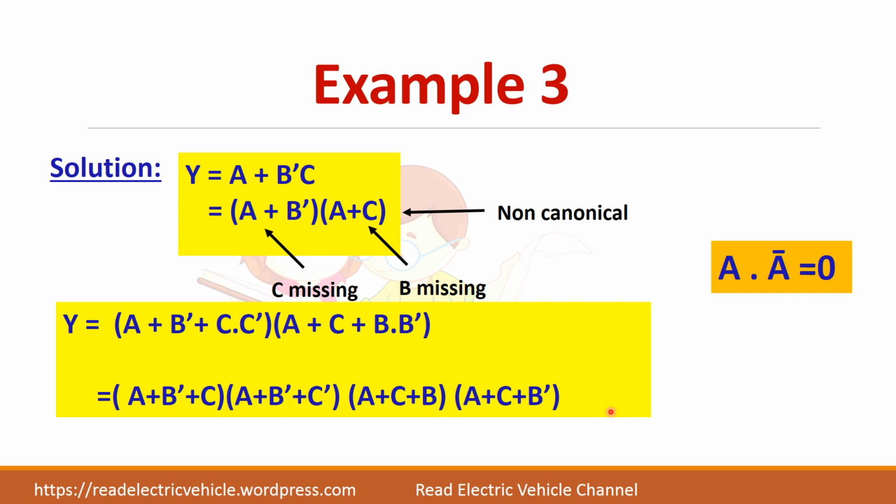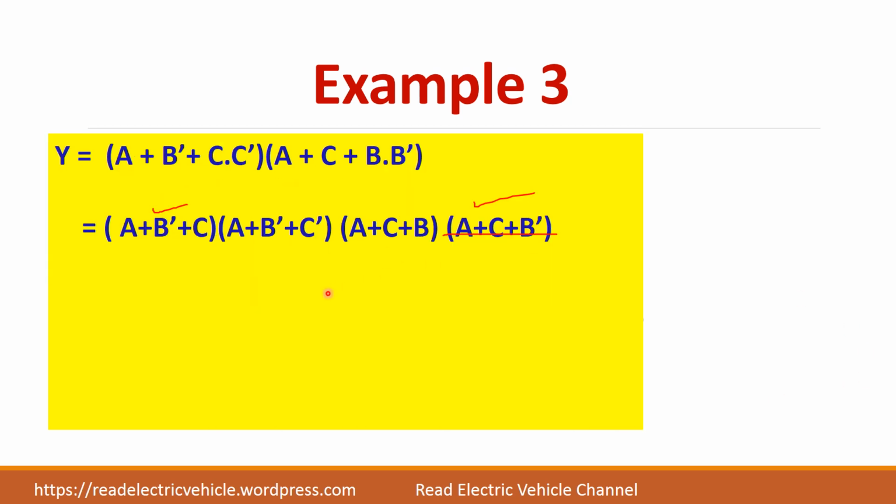Now let us find the numbers for this. Again you can see here A plus B dash plus C, and the same term is repeating here, A plus B dash plus C. So strike off one. So you have 3 terms now.